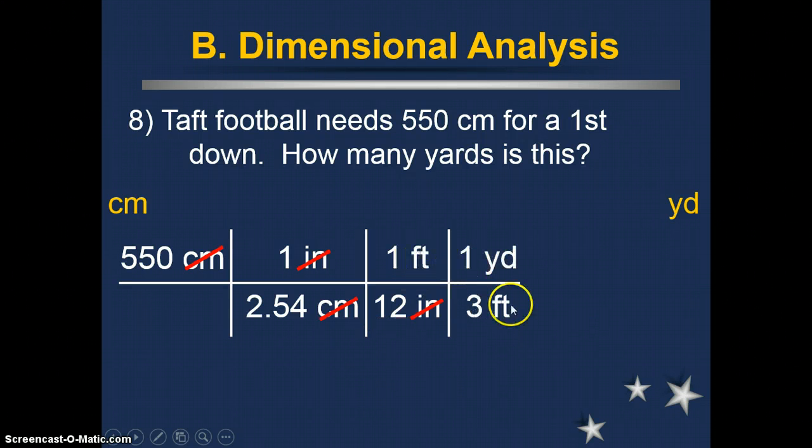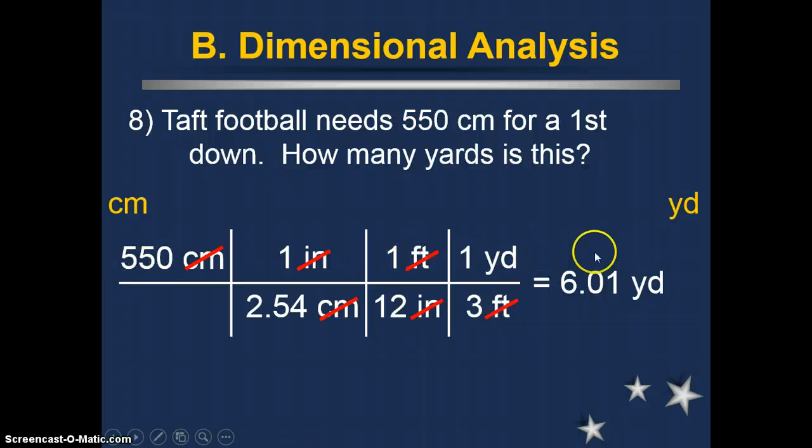Okay. Feet cancel. So 550 times 1 times 1 times 1 is just 550. And then 2.54 times 12 times 3 is 91.44 in the bottom. So I'm going to do 550 divided by that number, and that's giving me 6.01 yards.